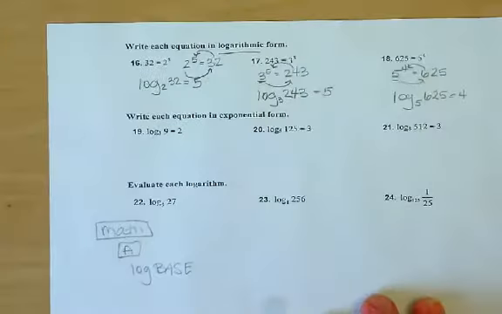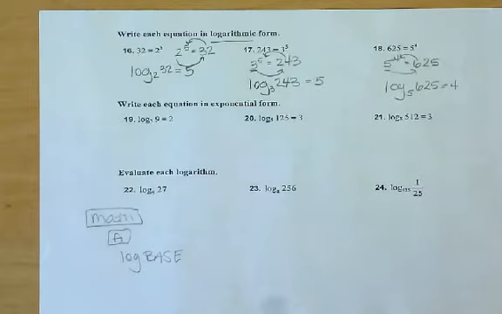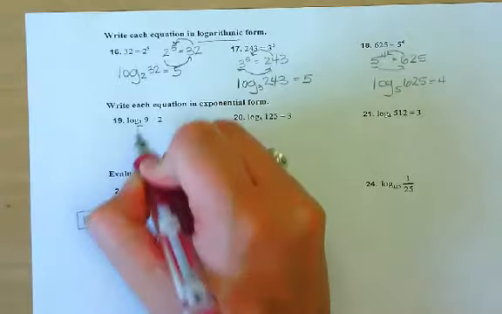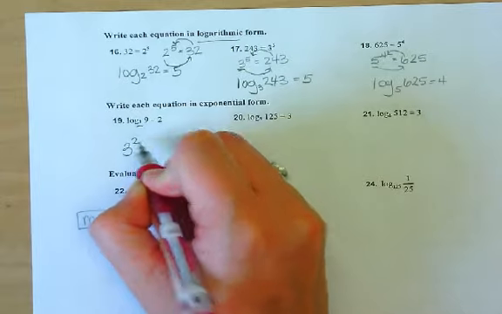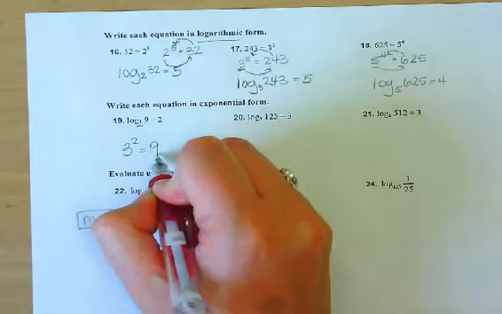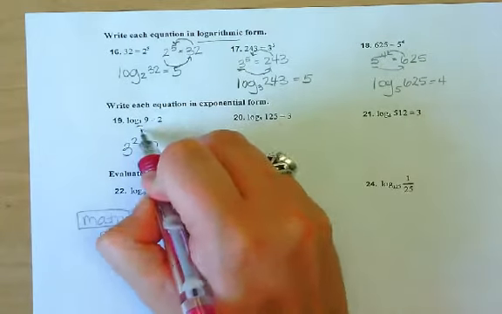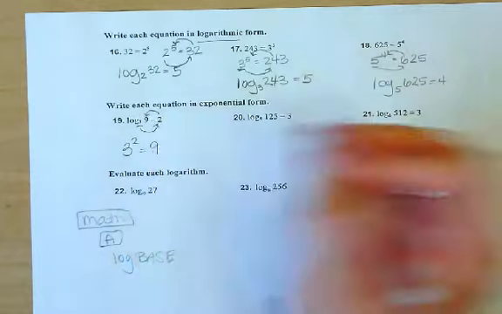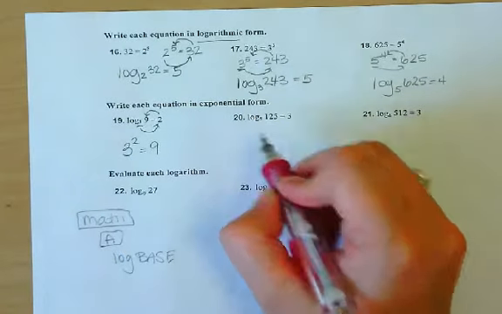Now the next part says to write each equation in exponential form. So I don't need log in my answer, I just need an exponential. I can still use my circle rule. So 3 is my base, 2 is my exponent, is equal to 9. So 3 to the 2nd power is equal to 9.